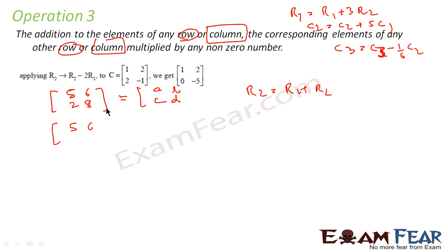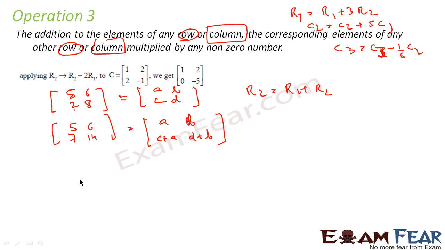Row 1 will remain unchanged, but row 2 will become R1 plus R2. So this will become 2 plus 5, 7. This will become 8 plus 6, 14. Correspondingly, A and B will remain unchanged. C will become C plus A, and D will become D plus B. Correct. Such kind of thing we'll use.